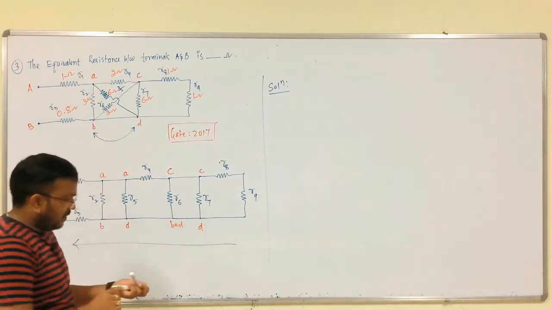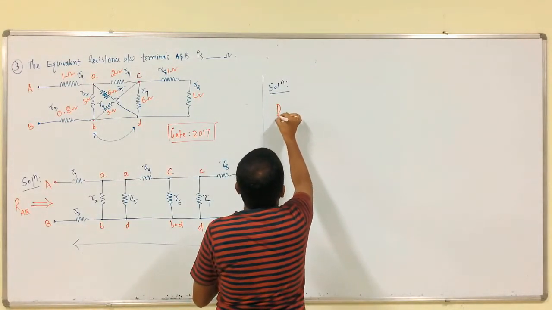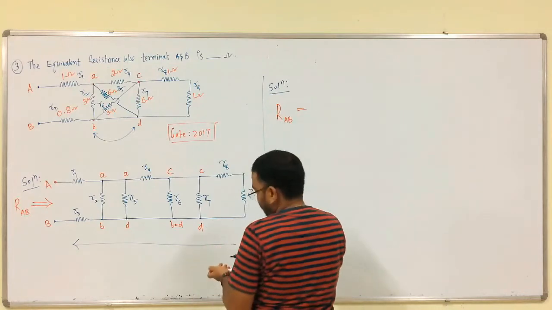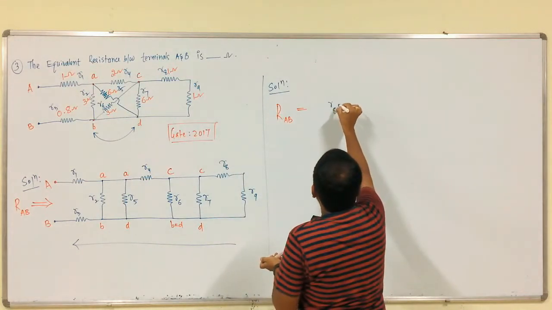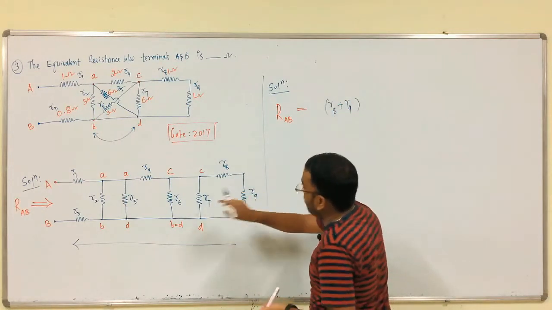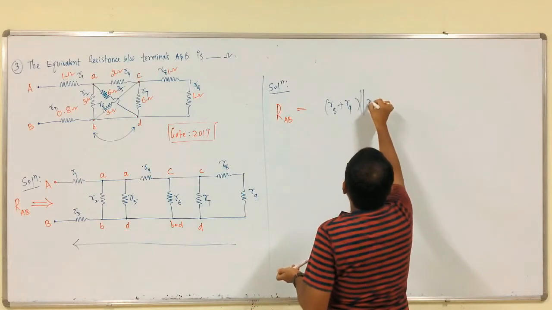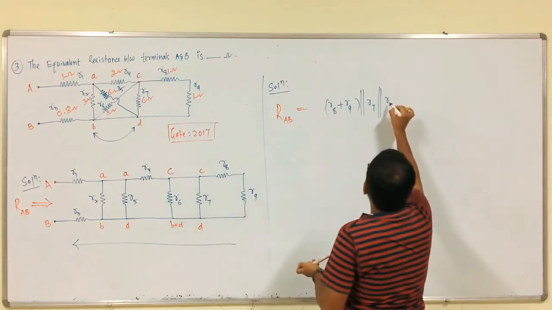That is, from this you can write RAB which is equal to R8 plus R9, this combination in parallel with R7, in parallel with R6, right.